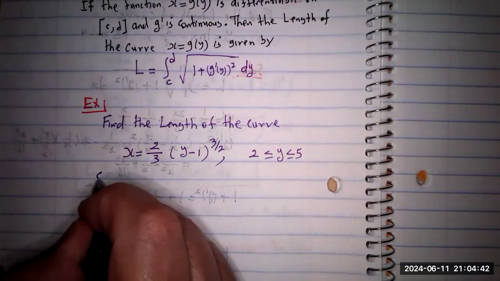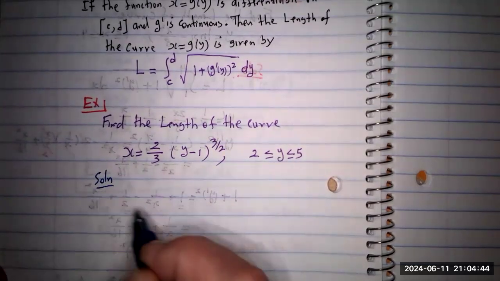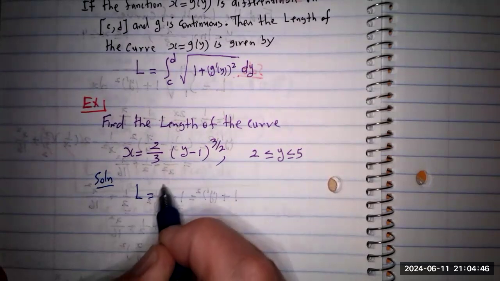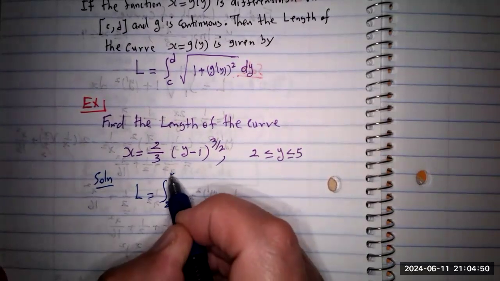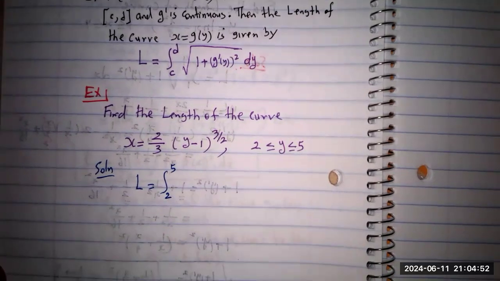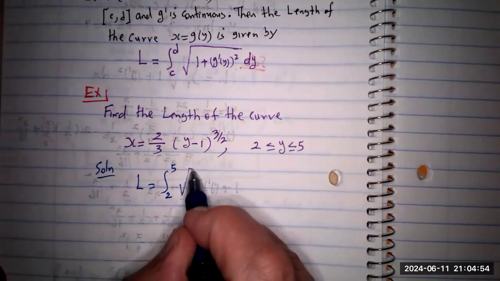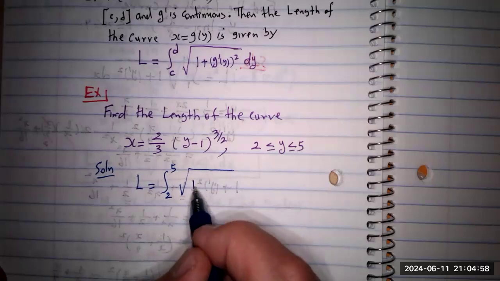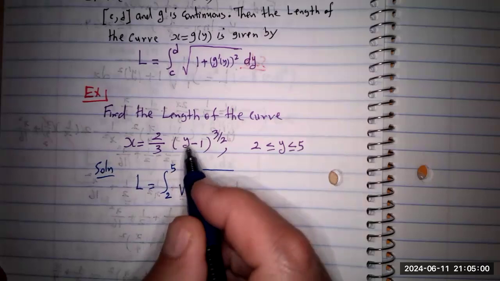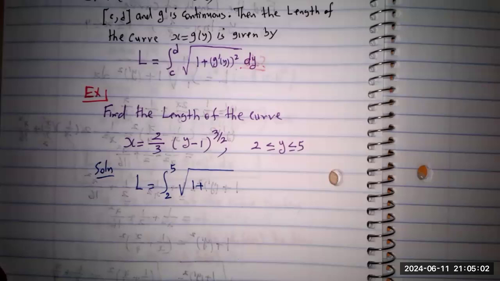Okay, so the solution is going to be, your formula would be L equal to the integral from 2 to 5. You see, 2 to 5. And this is going to be the square root of 1 plus, instead of y prime, it's going to be x prime or g prime, it doesn't matter.